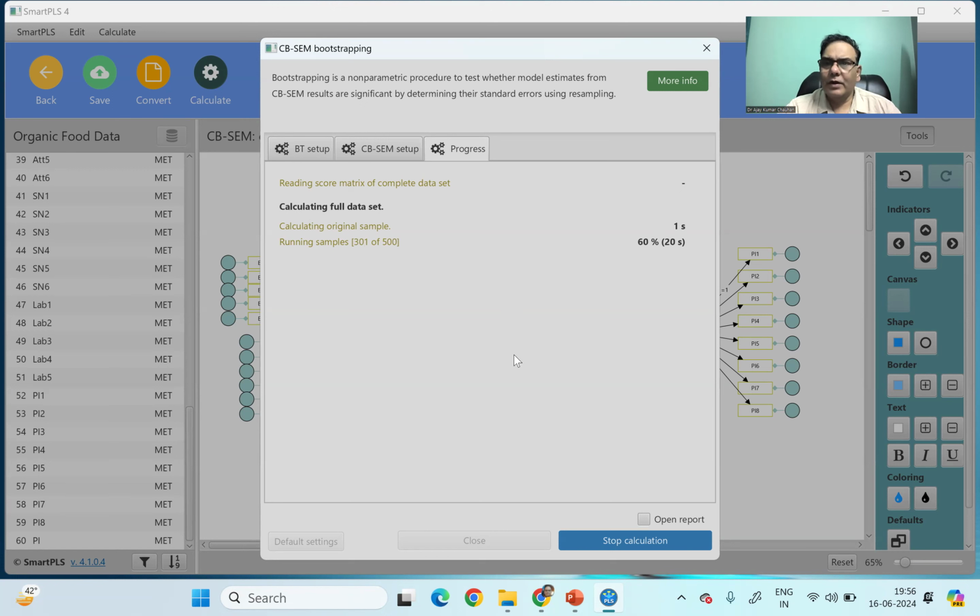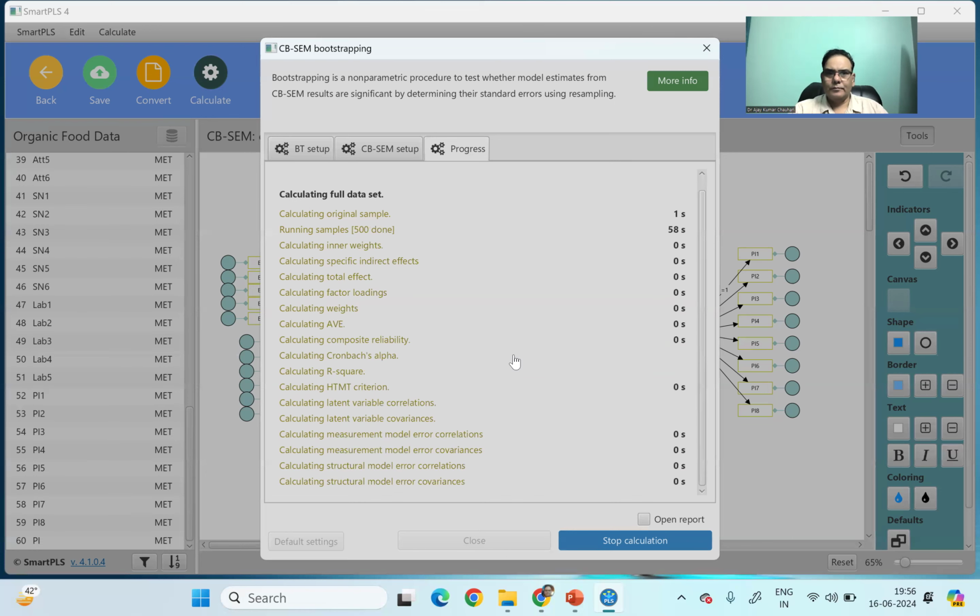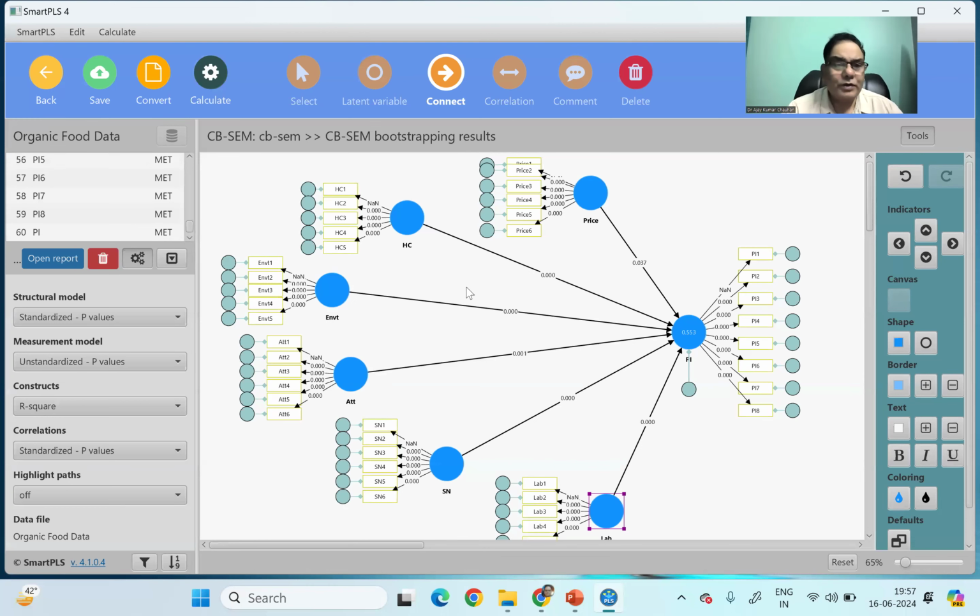So it will take hardly half minute. Okay, so now your result is there. Go to structural model first.